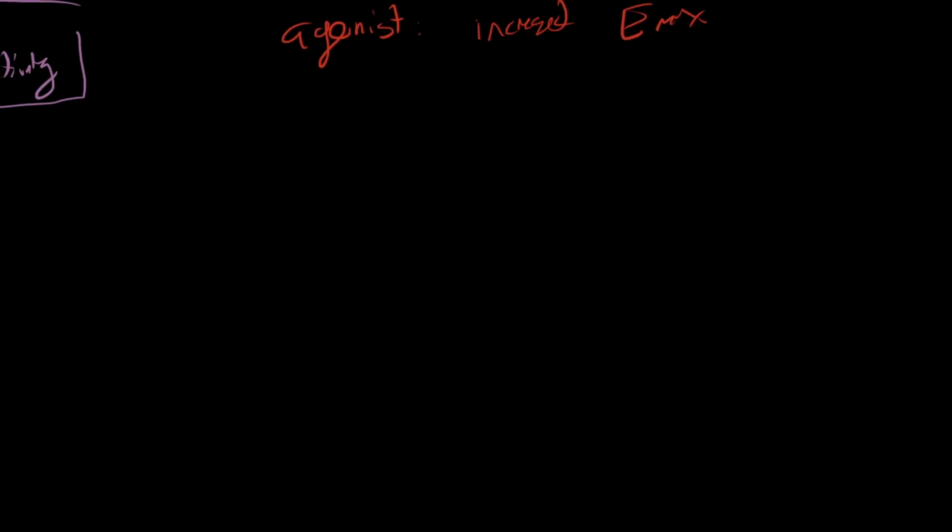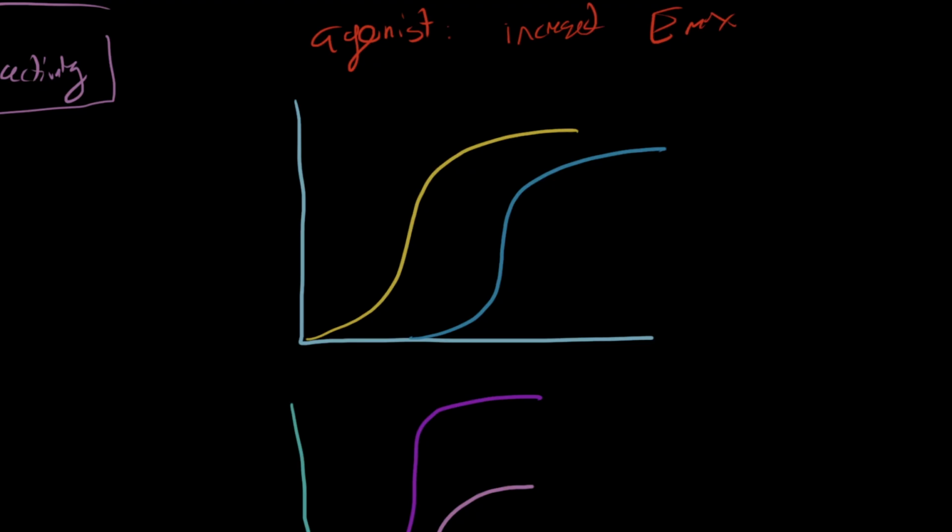I'm going to dive into this. I drew some graphs out for agonists plus competitive antagonists and irreversible antagonists. So we have here a normal agonist, the yellow is a normal agonist.